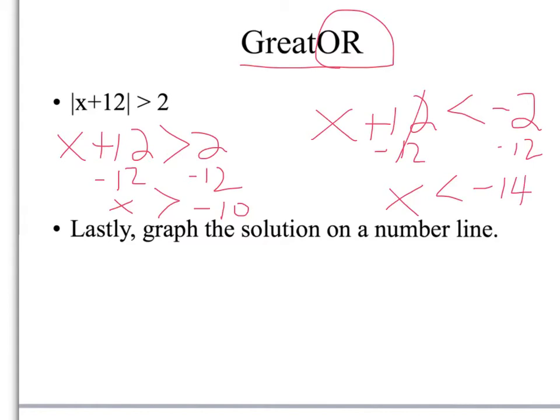Now, I said this is "greater" because whenever you have the greater than symbol, the way that you would write this answer is x greater than negative 10 or x less than negative 14.